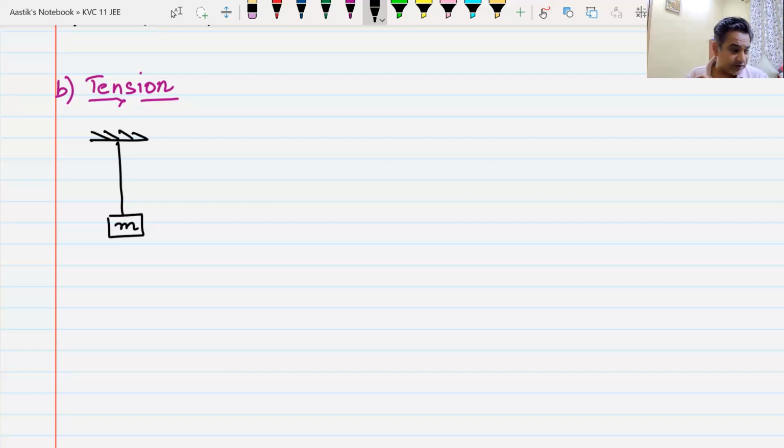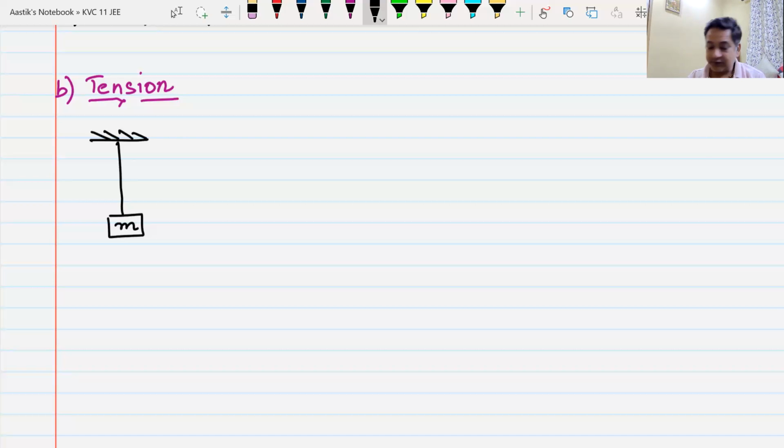Now, if I ask you from this diagram, what will be the direction of the tension force applied by the string on the block? It is hanging like this vertically.